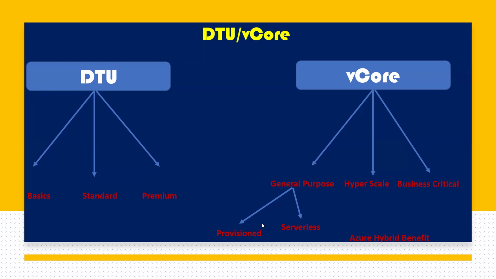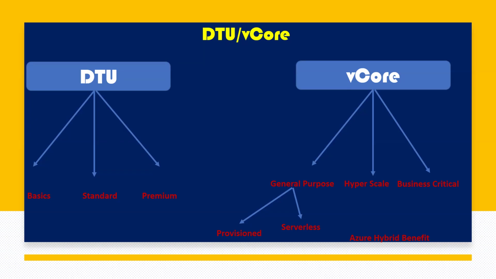For a simple understanding, just I'm telling you, it is like analog-based data transmission and digital-based data transaction. So DTU is data transfer unit, and vCore is virtual core unit.